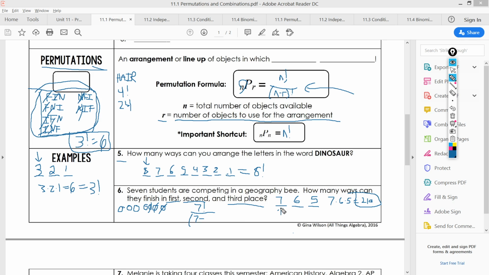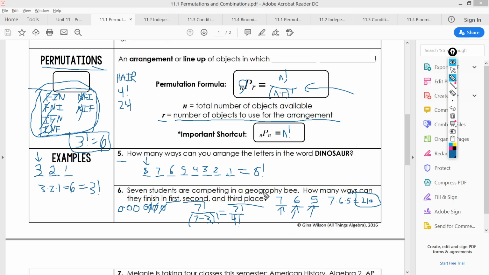Well, 1, 2, 3 objects are being arranged. So this is 7 minus 3 factorial. Well, 7 minus 3 is 4. So it's 7 factorial over 4 factorial.